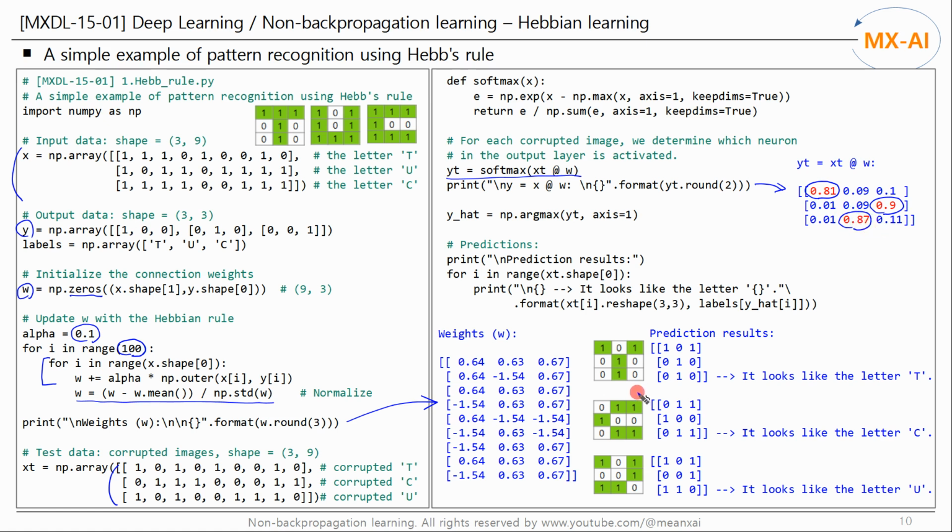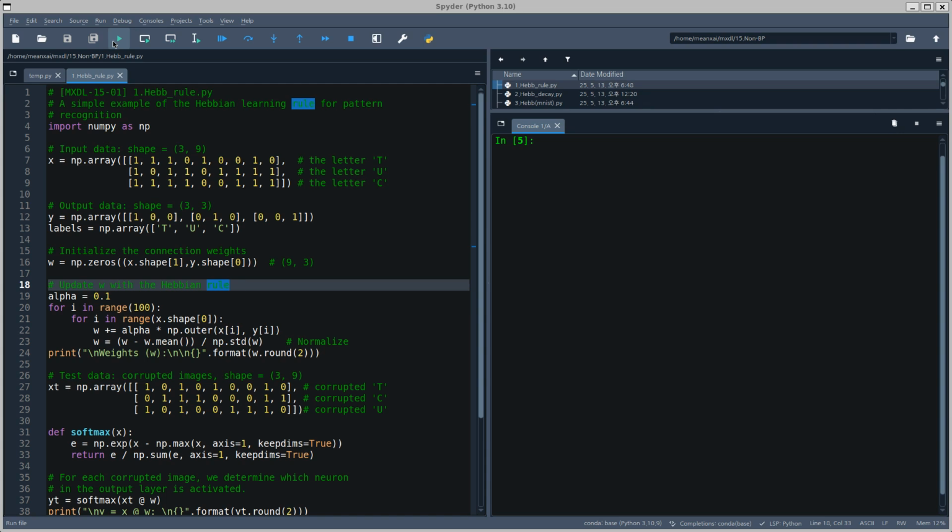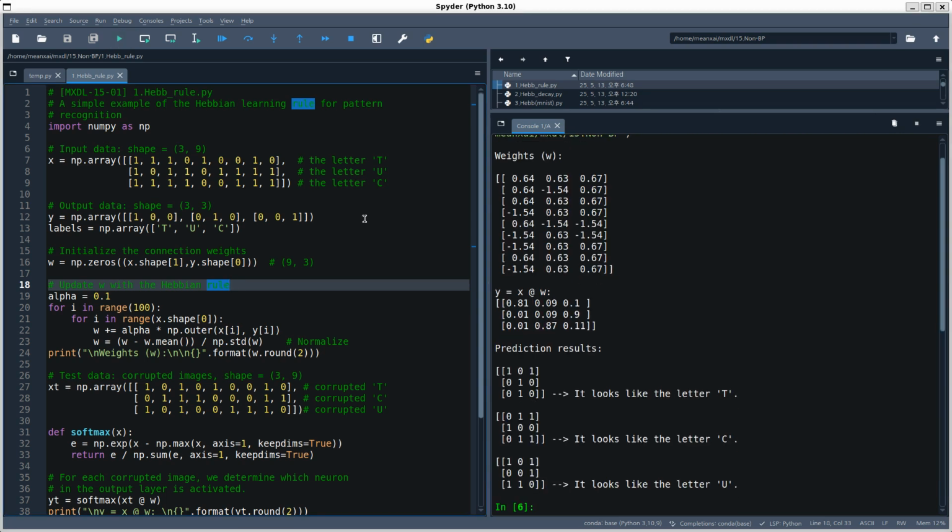Therefore, the first pattern is recognized as the letter T. The second pattern is recognized as the letter C. And the third pattern is recognized as the letter U. Let's run this code. We got the following results.